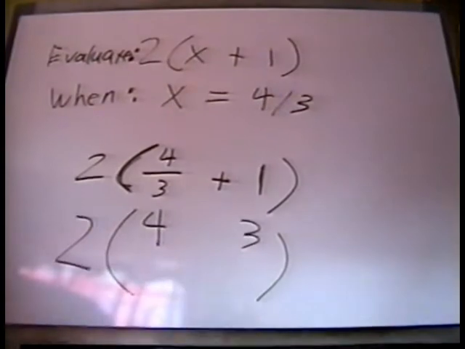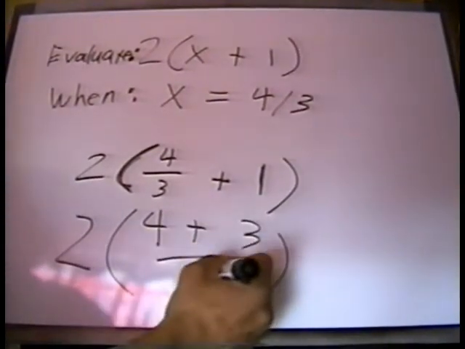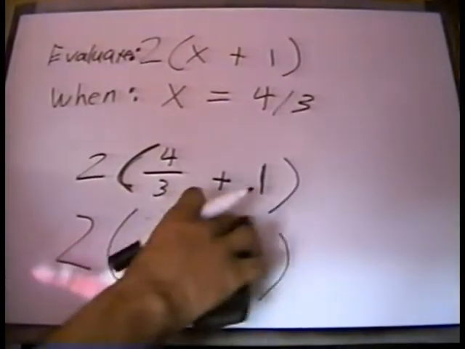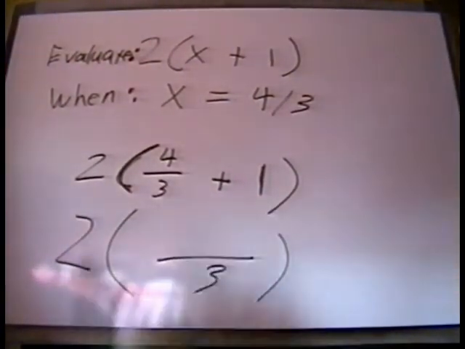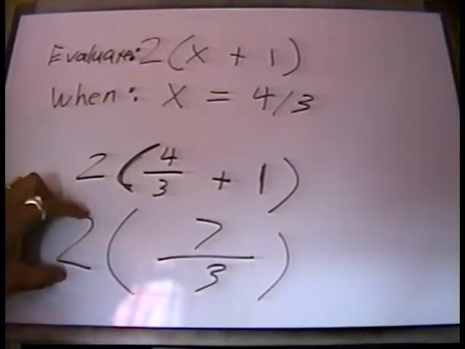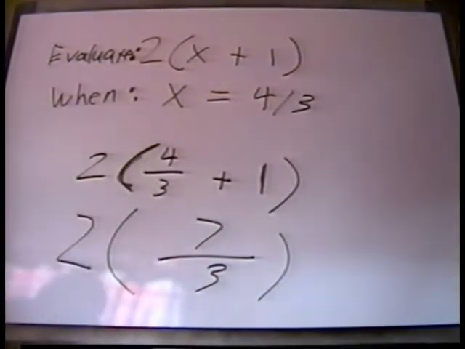4 plus 3 over 3, that's 7/3. Then 2 times 7/3. Anytime you have a whole number multiplied by a fraction, you can simply multiply that whole number by the numerator.